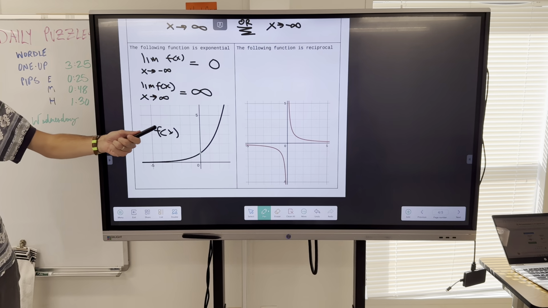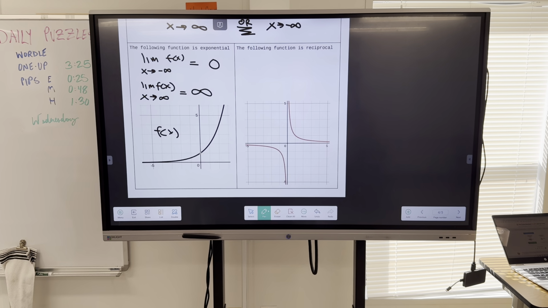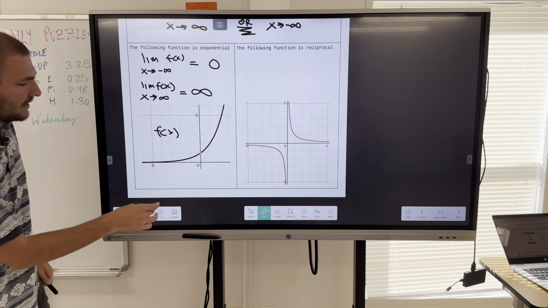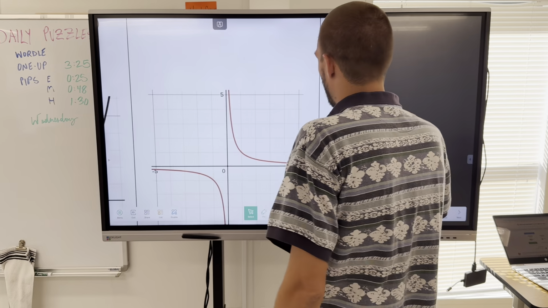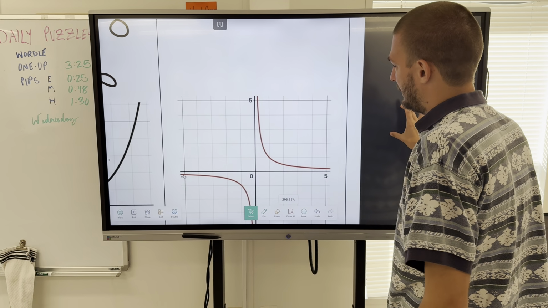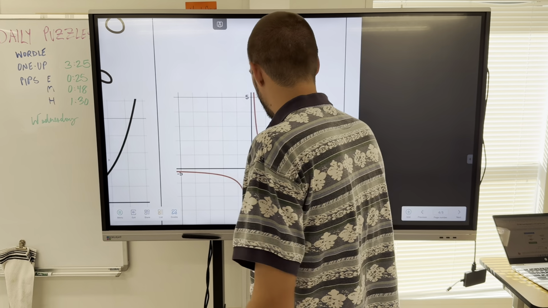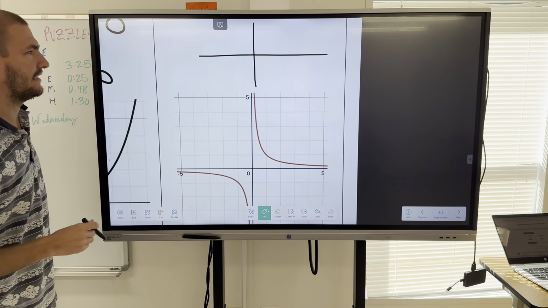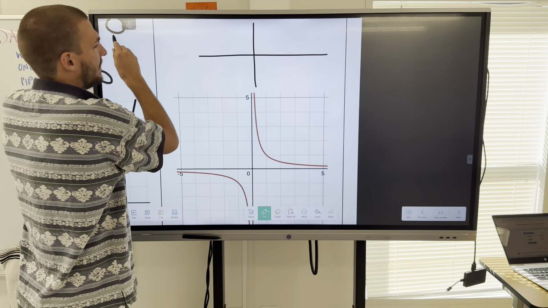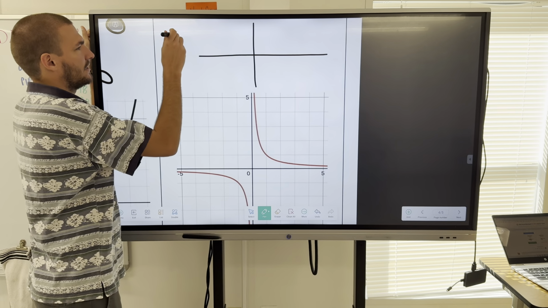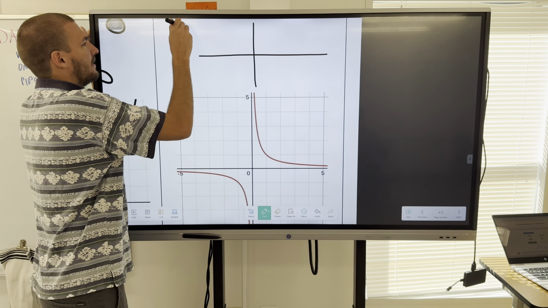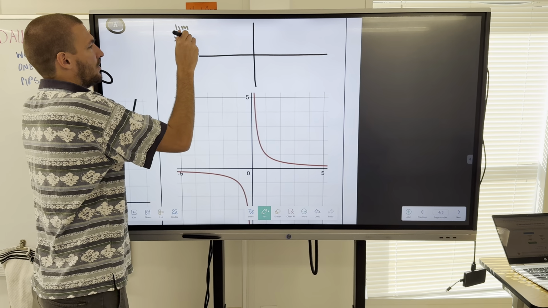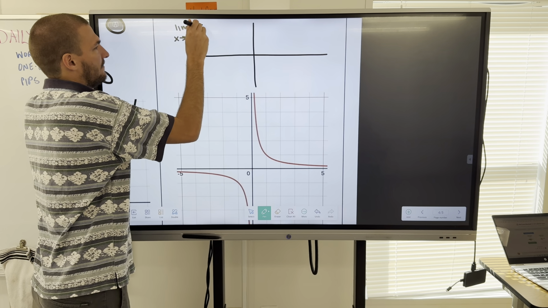Now this graph here, the following function is reciprocal. I'm going to write 4 questions here. My handwriting so far has been giant and not very good, so I'll try to do better. So we're gonna do 4 questions here. Let's start with the limit as x goes to infinity of this function.